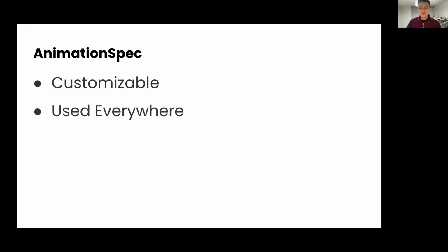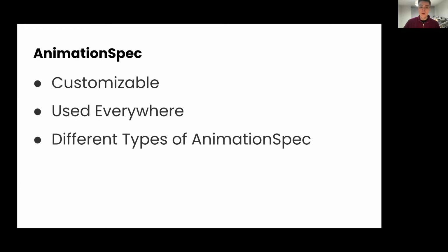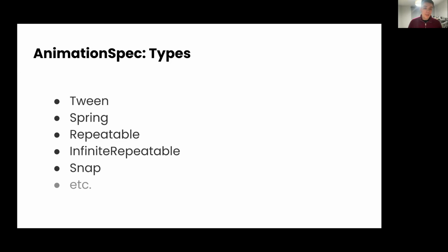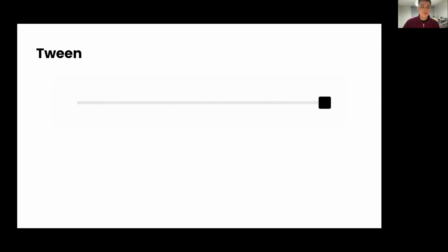So animation spec can be used to customize almost any animation. Animation spec is used almost everywhere, and Jetpack Compose provides us with several different implementations of the animation spec. We'll take a look at each of these individually.